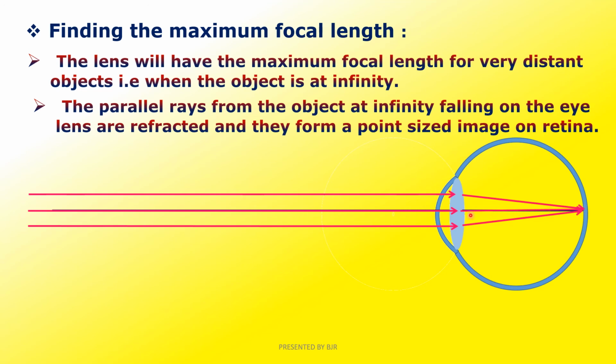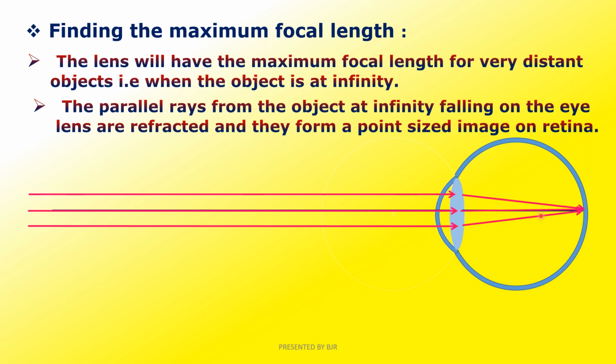So here the image distance is equal to 2.5 centimeters, from here to here. You know that the distance between the lens and the retina is always constant. So in this case, the image distance is equal to 2.5 centimeters. And we do not know the maximum focal length.